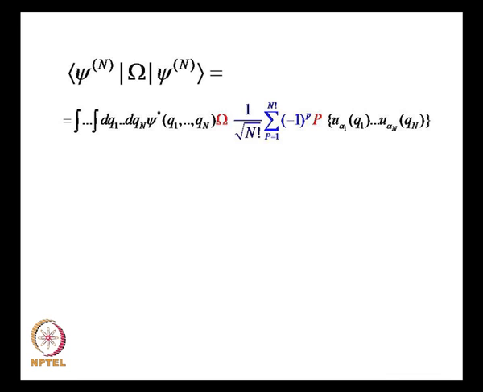I write the psi star just as it is as an integral. This one I write explicitly as the antisymmetrizer operator operating on the product of the diagonal elements in the Slater determinant, which is u alpha 1 q 1, u alpha 2 q 2, u alpha 3 q 3, all the way up to u alpha n q n, right.